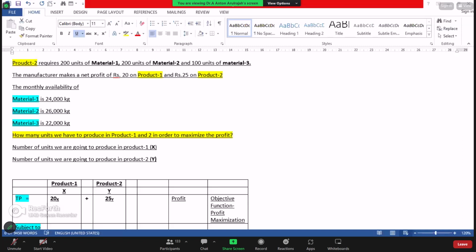If the connection is not continued, you will have to complete the class. So be careful, right?